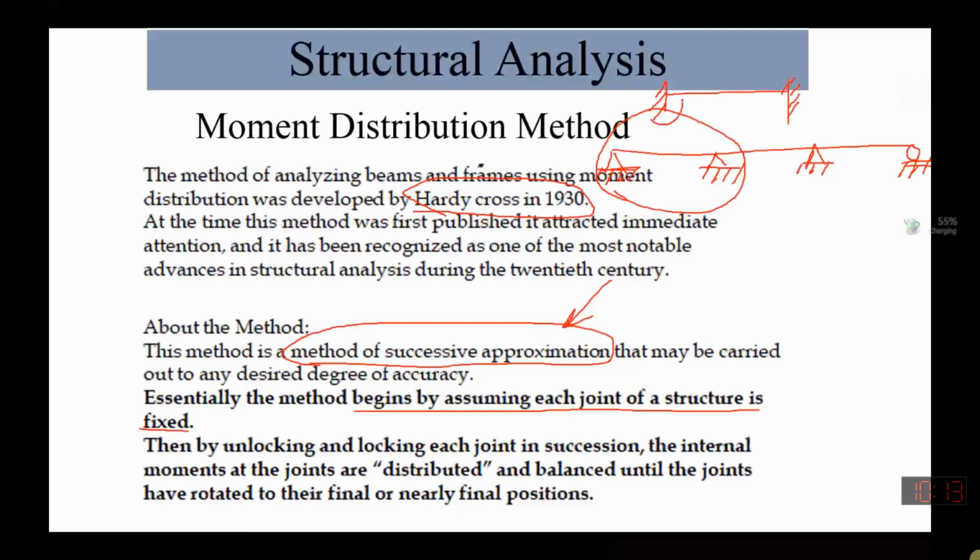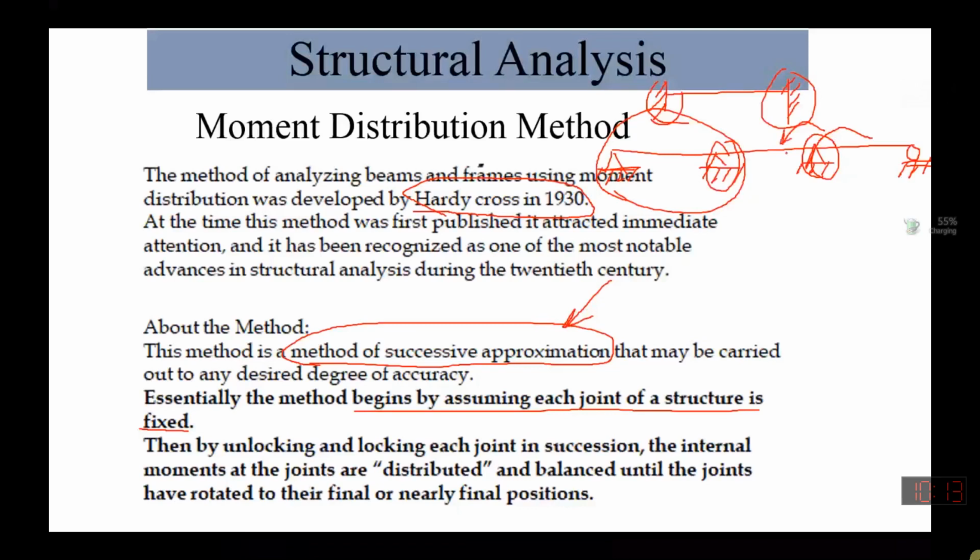We are considering them as locked. Then what we do is we unlock the joint and we distribute whatever moment is at this joint to the spans. Once we distribute it to the span, we again lock the joints.